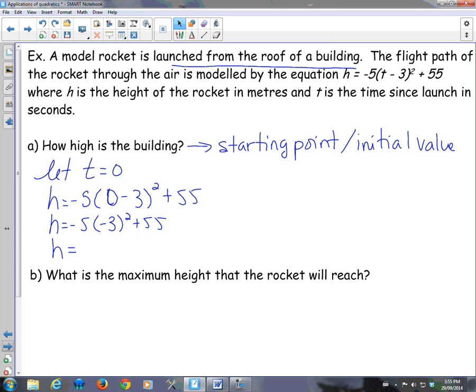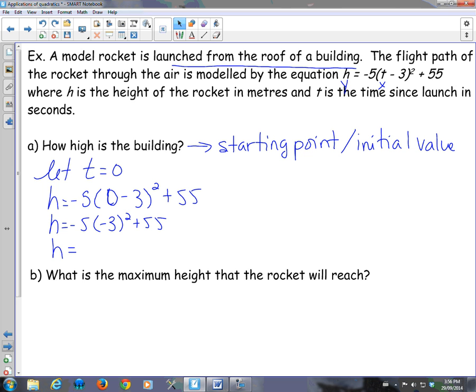When we put 0 in, that tells us our initial or our starting point. We know the height of the building is the starting point because it says the rocket is launched from the roof. A starting point comes from putting 0 in for x, and if you look at our equation, it is usually written y equals blah, blah, blah, x. So our t is like our x.